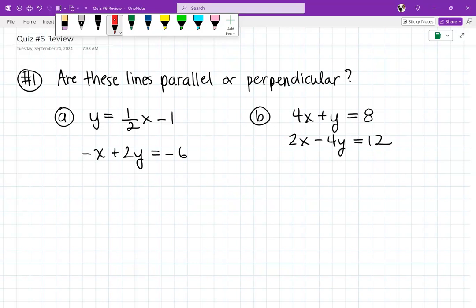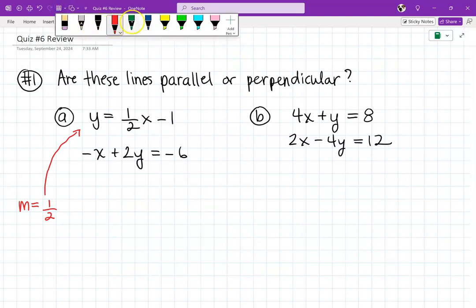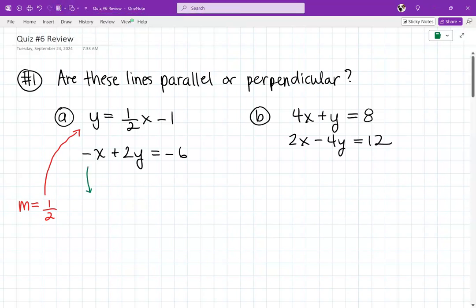one of them I already know, like this one right here, is already solved for y. I know that my slope is half. Okay, so let me solve the second equation for y, and then we'll see what the slopes are for that one. So negative x plus 2y equals negative 6.